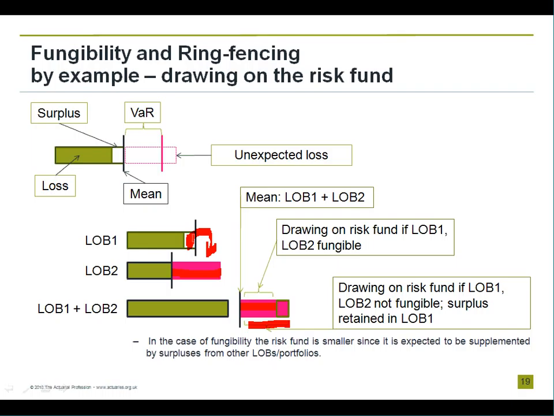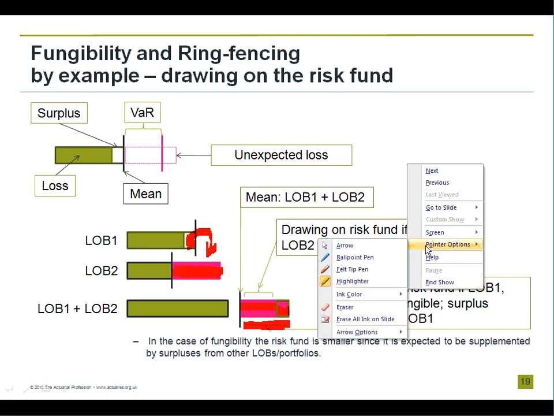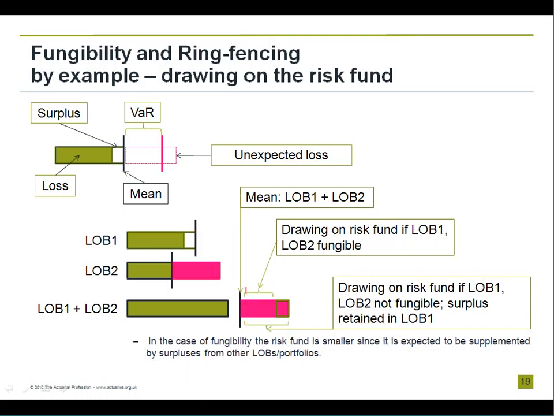So again, the draw on the risk fund is not this amount. It's this amount minus this part here. So it's that pink minus the surplus that comes from there. Let's suppose now they're not fungible. If they're not fungible, this surplus here cannot be used to pay for this pink.